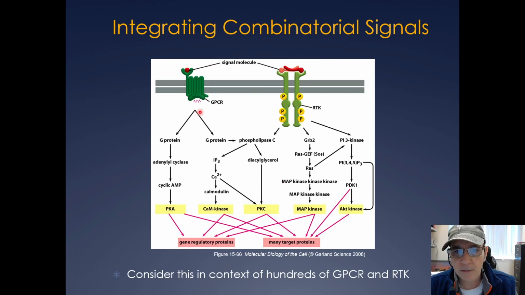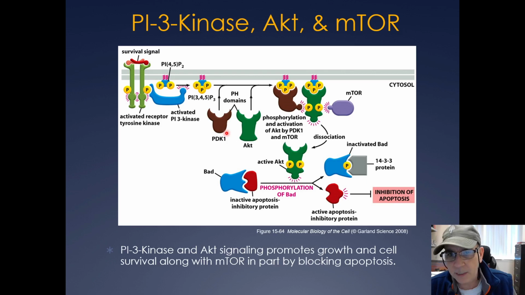Oftentimes you'll have G-protein coupled receptors and receptor tyrosine kinases working together when they're getting signaling molecules. We saw that with the schematic where multiple inputs are being put into a cell, and it can tell the cell to stay the same and grow and survive, to divide, to differentiate, or to undergo apoptosis.